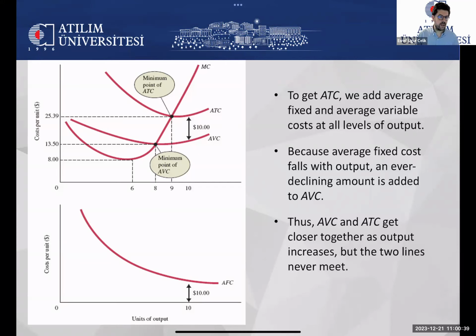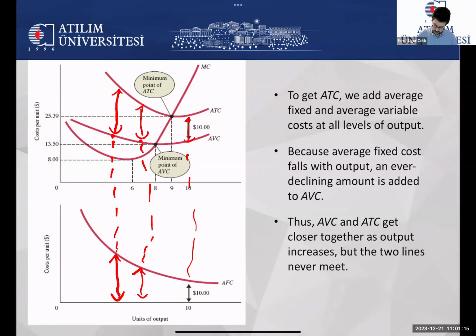And then in our lecture, we talk about and drew the graph. I'm gonna give some details about this relationship between average total cost and average variable cost. The gap between these parts come from the shape of average fixed cost. So these parts come from over here, these parts come over here, and this part is equal to that part.